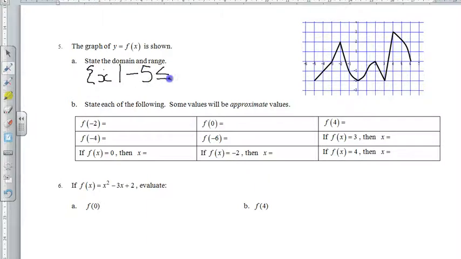Positive 6. So that's how we say it: the set of all x such that x is between negative 5 and positive 6. Or the way it's written, negative 5 is less than or equal to x, which is less than or equal to 6. And how about the range? So let's write domain.